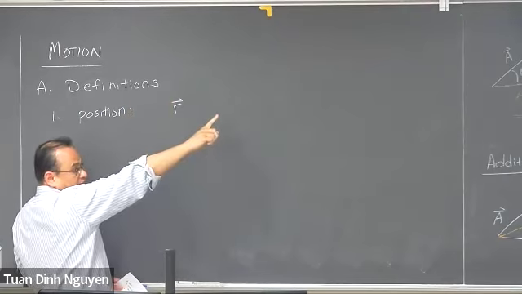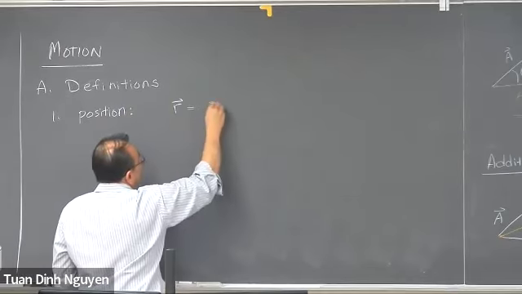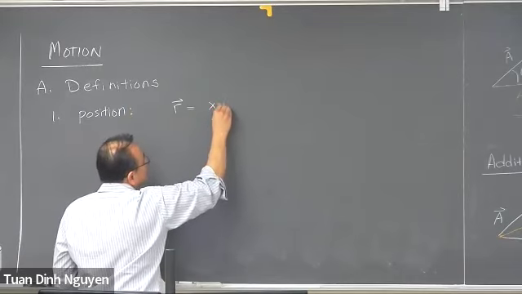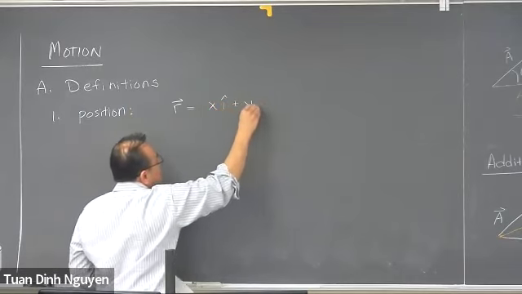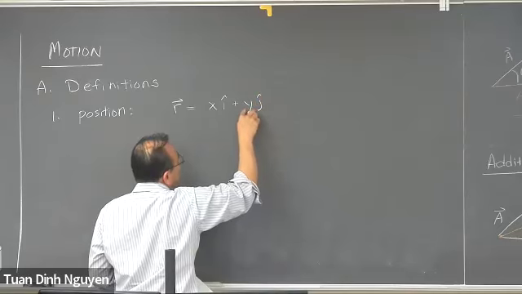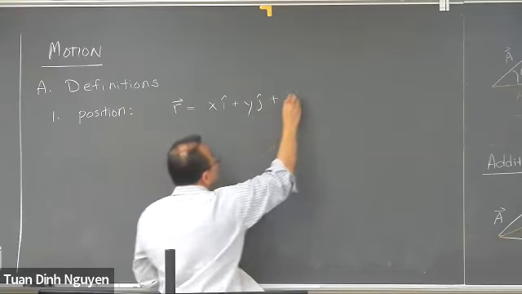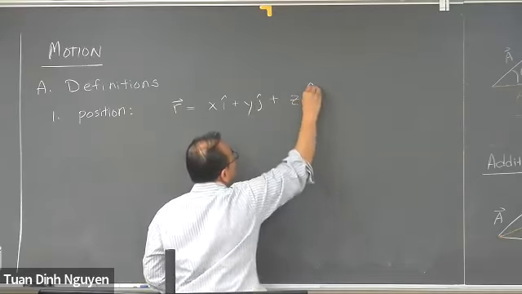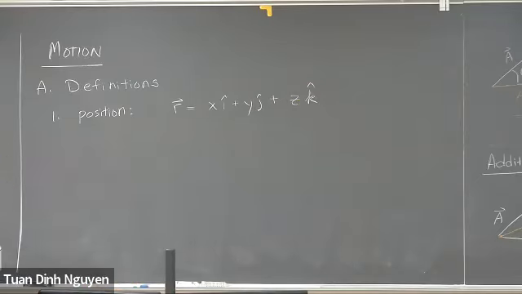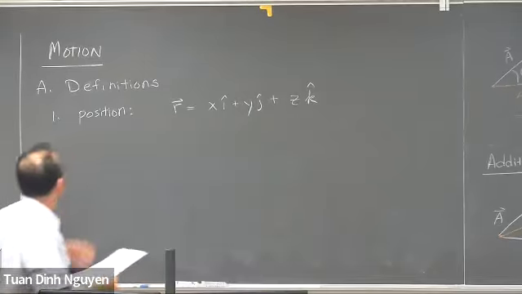Remember, it's that point X, Y, Z. So X would be the I component, Y would be the J component, and then Z would be the K component. So that's the position written as a vector. When we began, we just did one dimensional, but now we do all three.